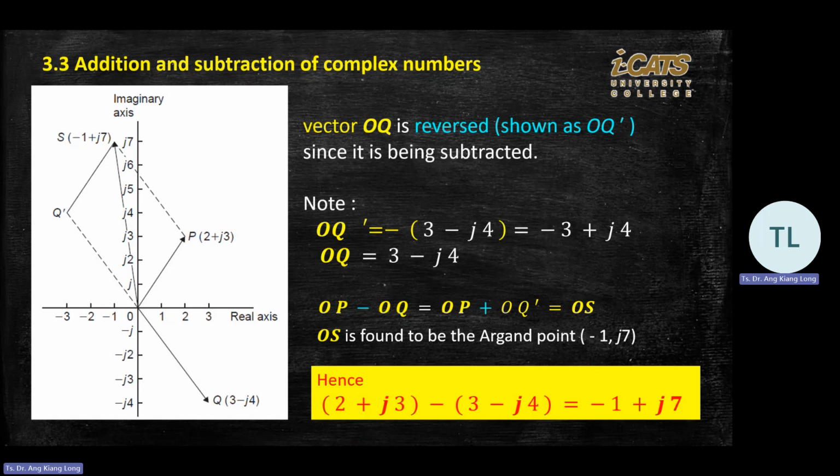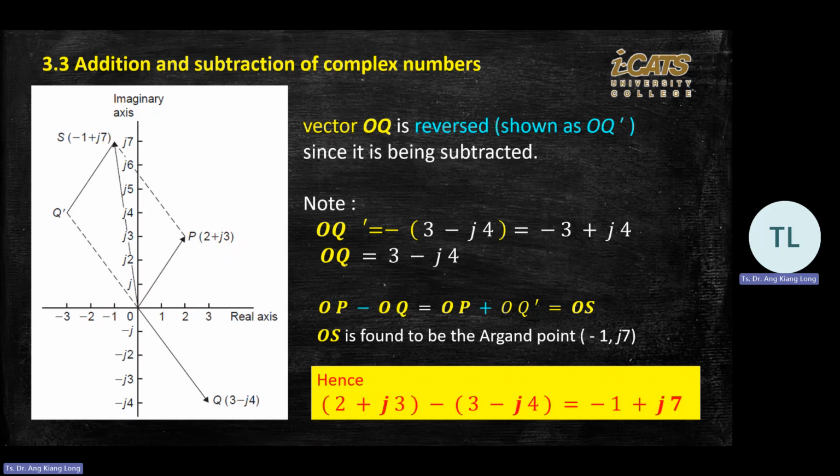Now, just now the notation was a bit wrong. If you put a comma, it means it's another side of that vector, right? So when you take OP minus OQ, you reverse this direction to this dotted line here.